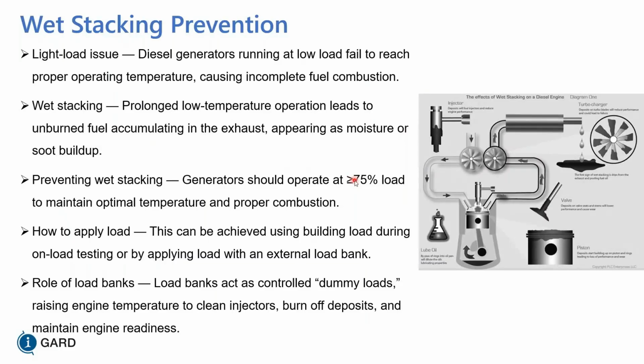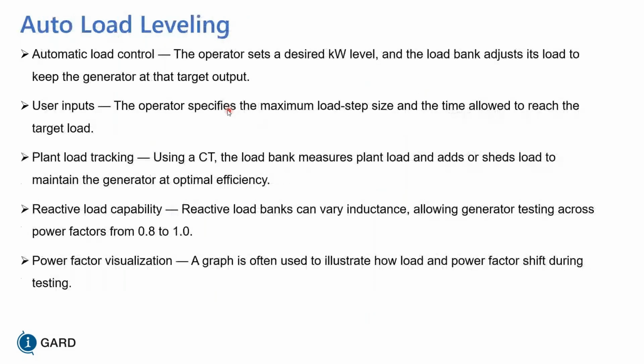If the 75% isn't achievable through plant loading, we will put in a load bank and have it auto leveling, so that when the load drops below 75%, we add more load on the load bank to make sure that we maintain that 75%. So if your load on the plant drops to below 50%, we would add 25% on the auto leveling system, as long as it's under the capability of the load bank, which is all you need to worry about.